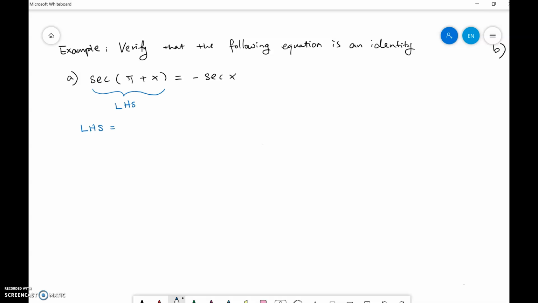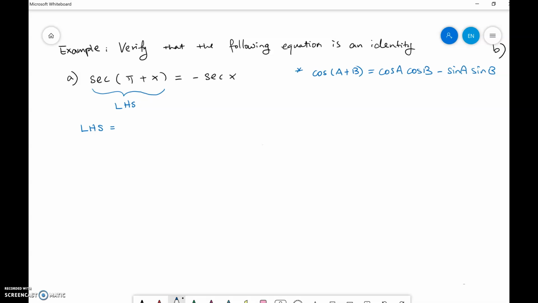I want to expand it, so I want to use the cosine of a sum. Cosine of a plus b equals cosine of a cosine of b minus sine of a sine of b. I want to use this formula.